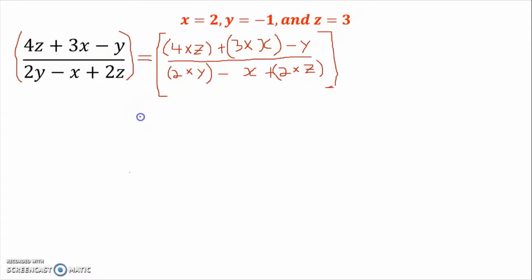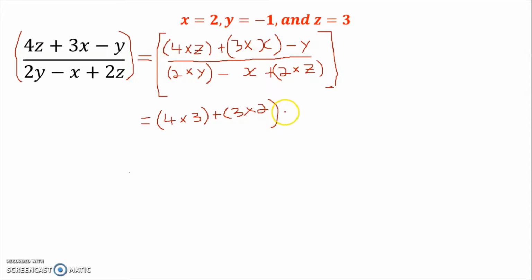So let's go ahead and do that. 4 times z is the same as 4 times positive 3, because remember z is equal to positive 3. We're going to add that to 3 times x, which is the same as 3 times 2, because we get rid of the x and replace it with positive 2.